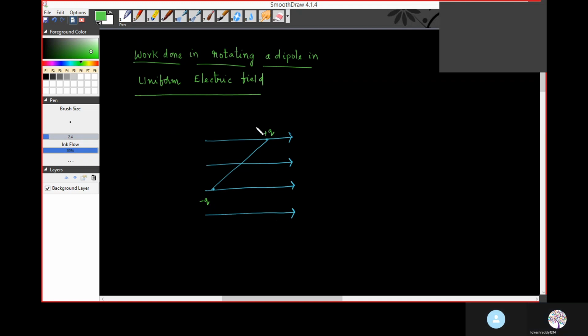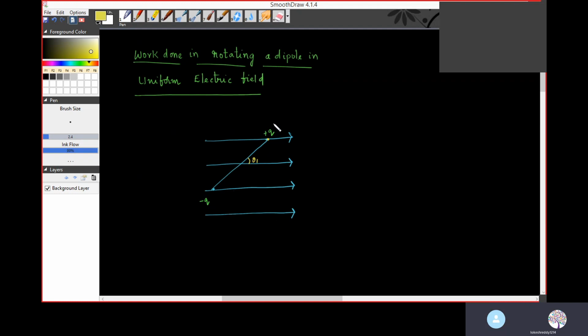Now let us take the angle with the field as theta 1. Now this will be pushed in this direction and this will be pulled in this direction, so it is trying to rotate clockwise.